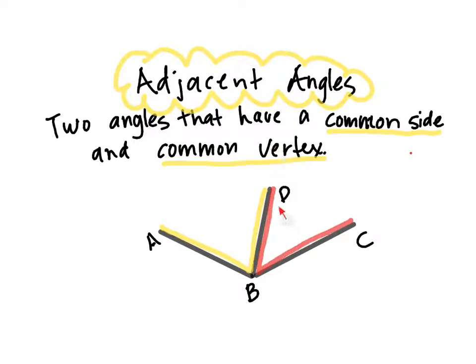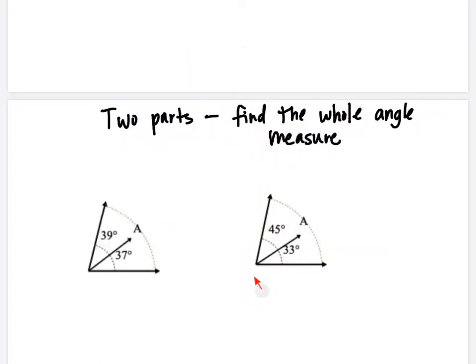Do you see how those two angles are side by side? They have a common side. BD is their common side, and they have a common vertex. B is their common vertex. So today we're going to talk about adjacent angles and finding angle measures.